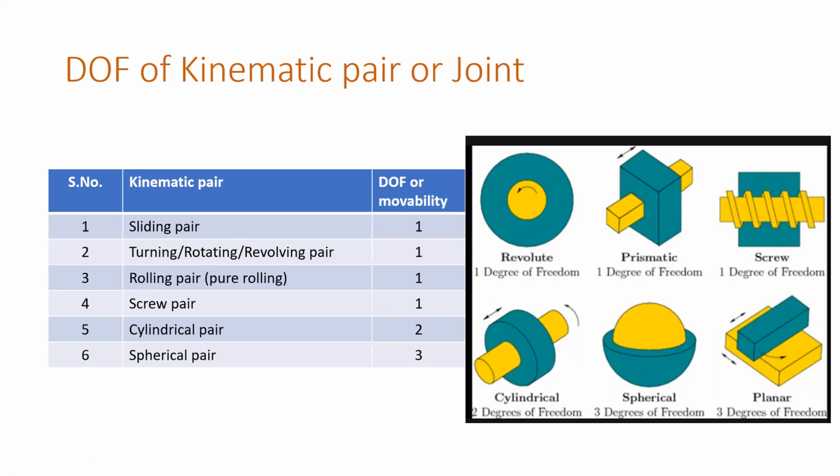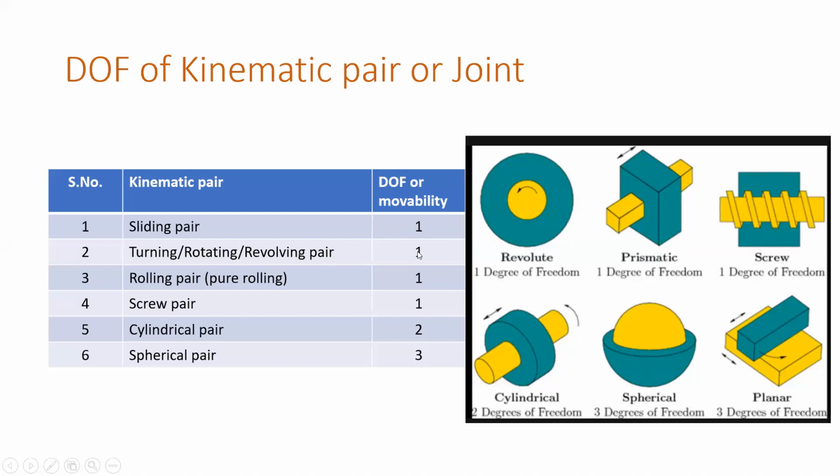A shaft is there with a pulley mounted, and this shaft can only rotate in the bearing. Such a kinematic pair or joint has a single degree of freedom.